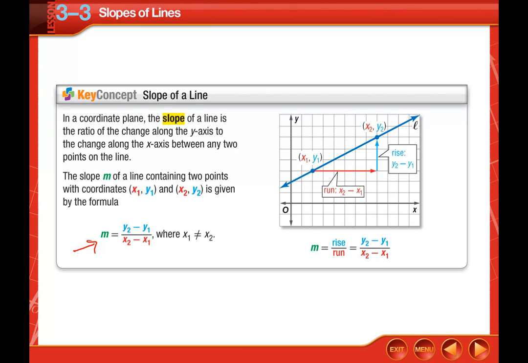Obviously x1 and x2 cannot be equal, where we would have an overall value of 0. But we need some actual real numbers here.